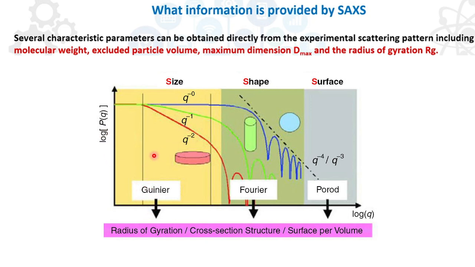This Q is the radius of gyration vector. Now, what is the radius of gyration? This is the distance between the center of gravity and the different atoms.